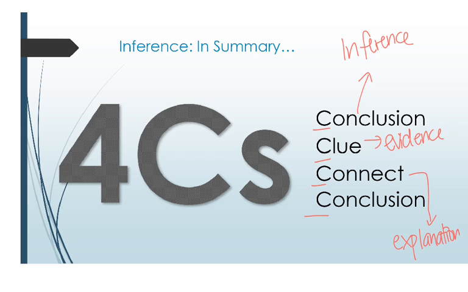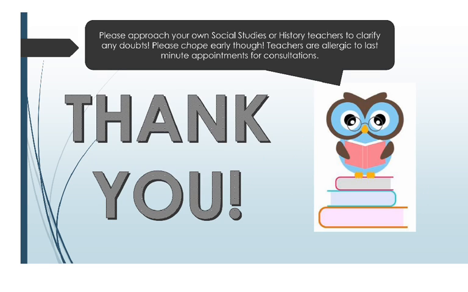Now, some teachers prefer to use the abbreviation IEE. Basically, it's the same thing, and this is a repeat of your I, conclusion. But I prefer to use the 4 C's because it rounds off very beautifully for you. So just remember this.